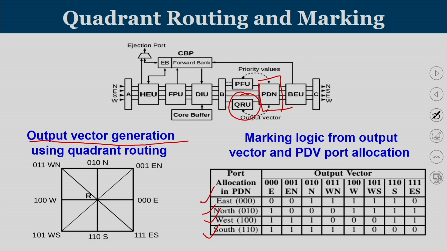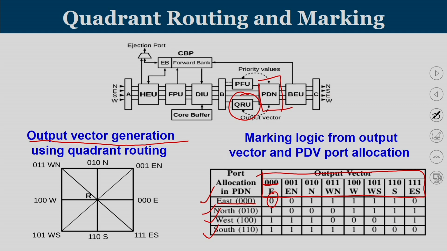Now, what you see here is the output vector of a flit. If the output vector is 0, 0, 0 and the port that the PDN gave is also 0, 0, 0, then the marking is 0. That means the flit is in the productive direction.